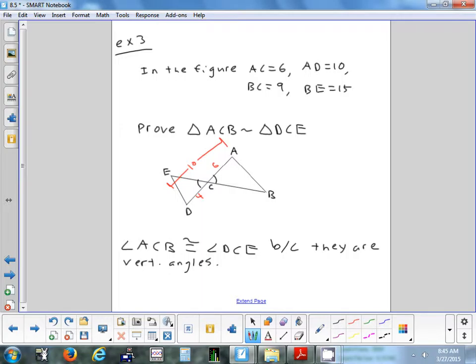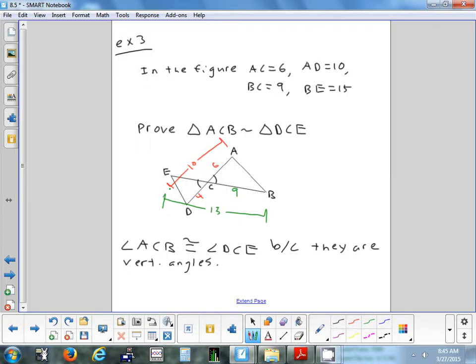Now, we know two sides in the triangle, we can compare them. Okay? Let's do the same thing on the other side first. BC is 9, but the whole thing, put it down here, the whole thing is 15. From there to there is 15.